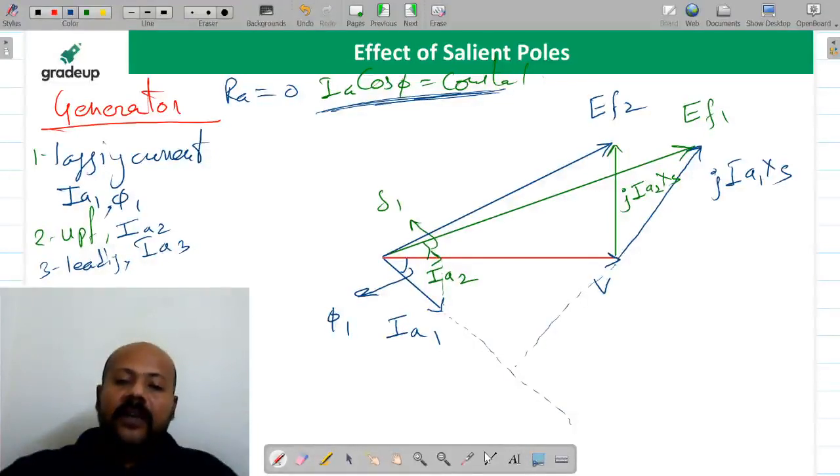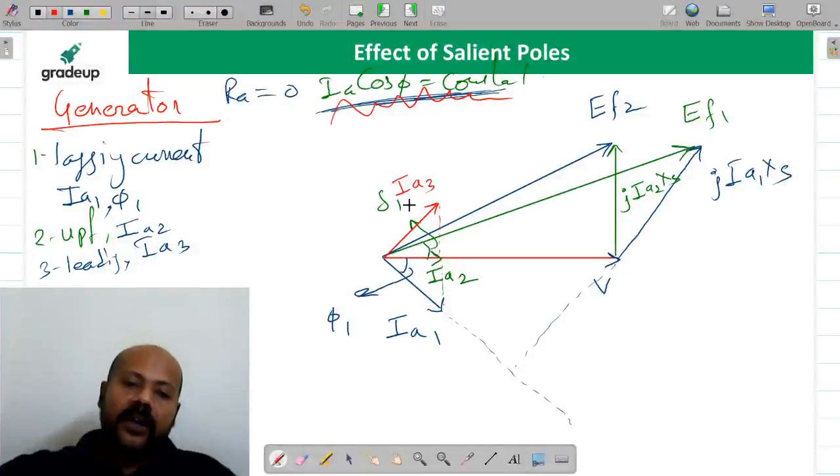So the leading current is going to be something like this. But you have to keep this condition intact, that is IA cos phi must be constant. Yes or no? Now if this is your armature current, I am calling it IA3.